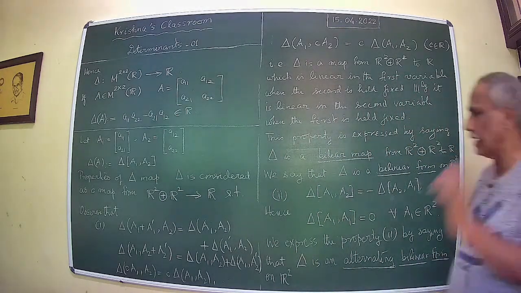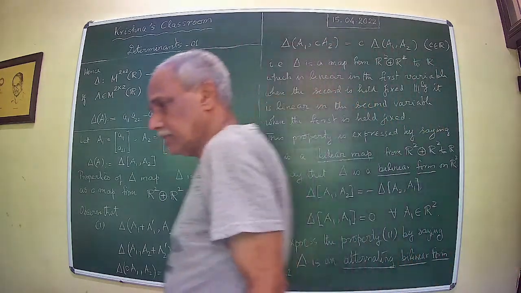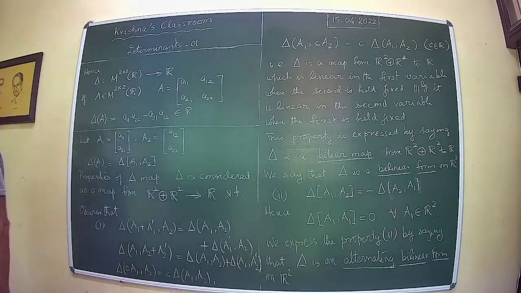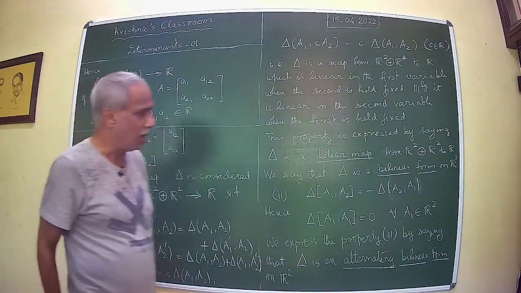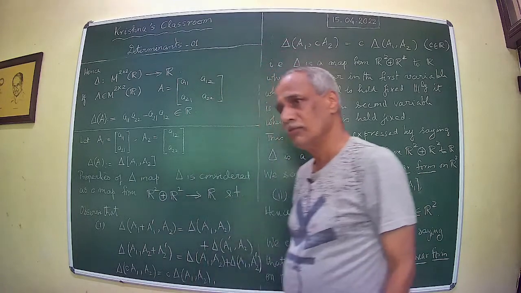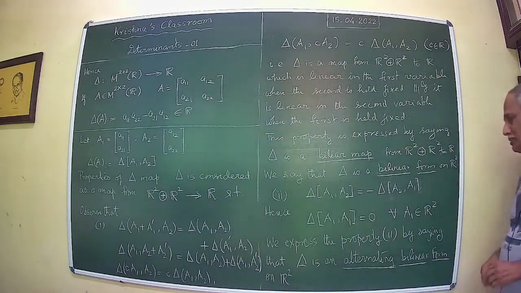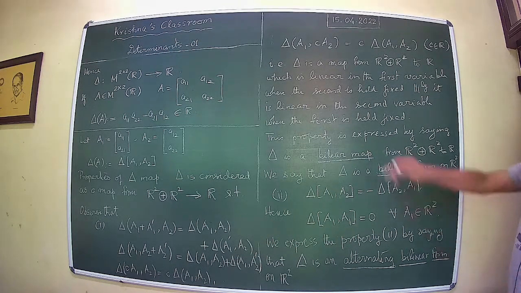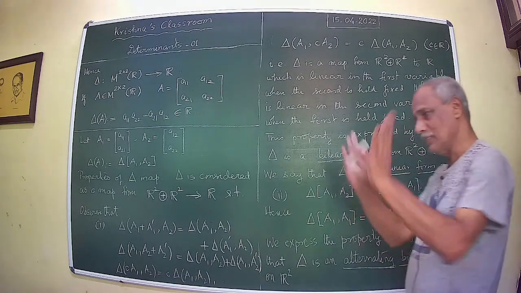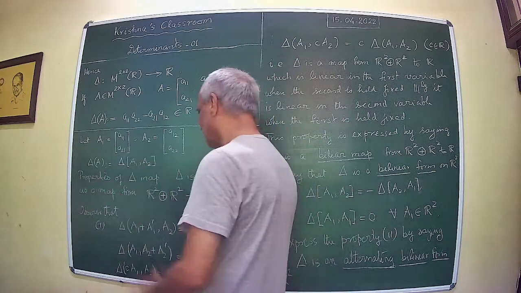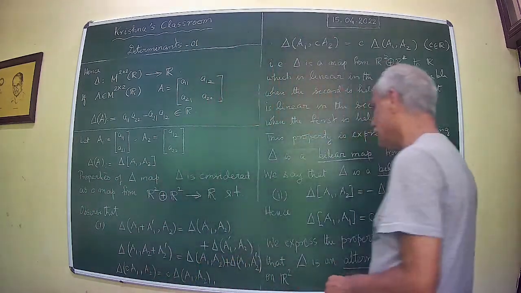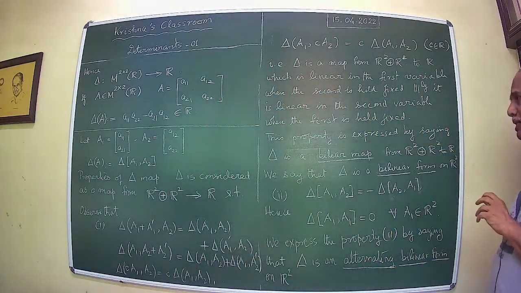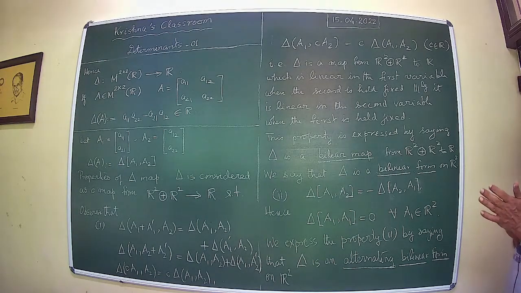So the first part, 1, tells you that it's a bilinear form. The second part tells you that it's an alternating bilinear form. Okay, that's very fascinating. So it is not that delta is without any special properties, but it has certain very definite properties which are going to be crucial in our later analysis.